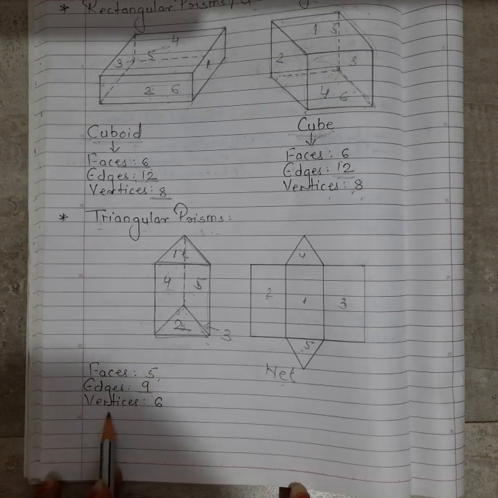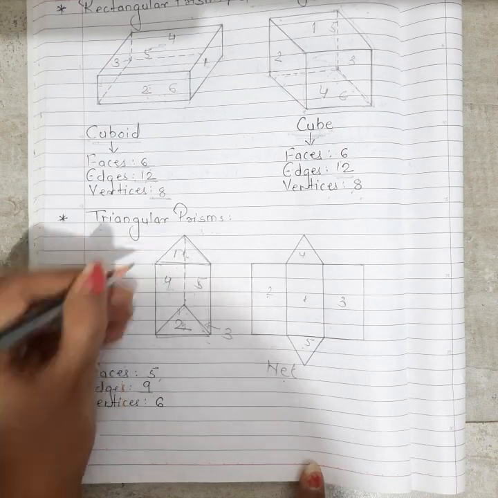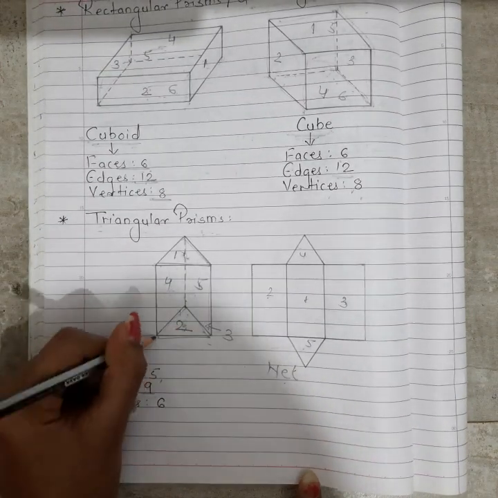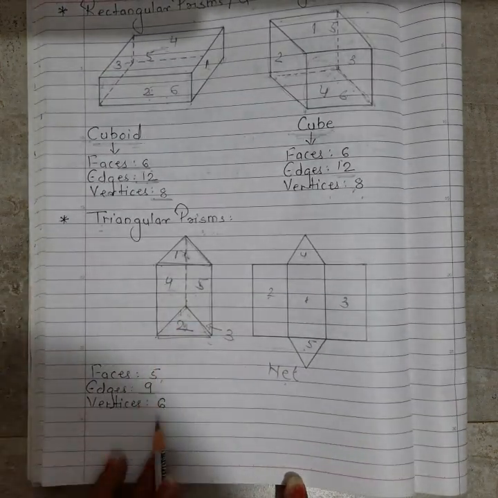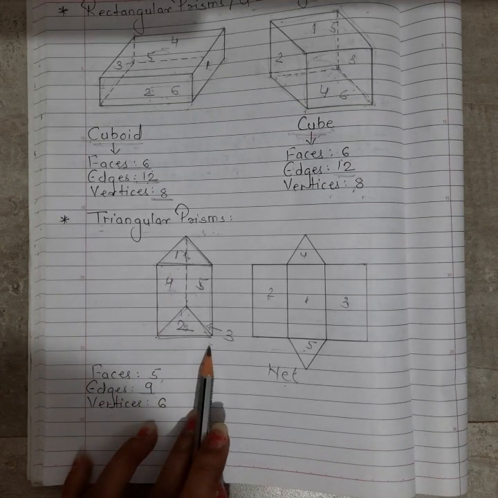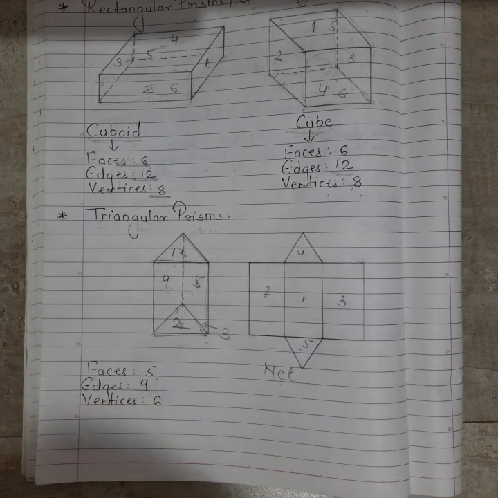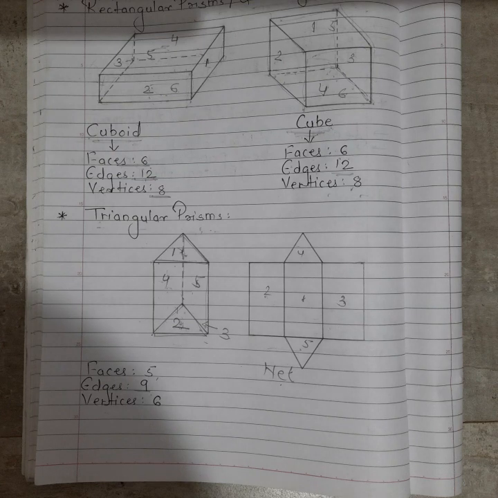Now let us count the vertices: 1, 2, 3, 4, 5, 6. There are 6 vertices of a triangular prism. Understood? So today we have learnt 3 shapes, that is cuboid, cube and triangular prism.